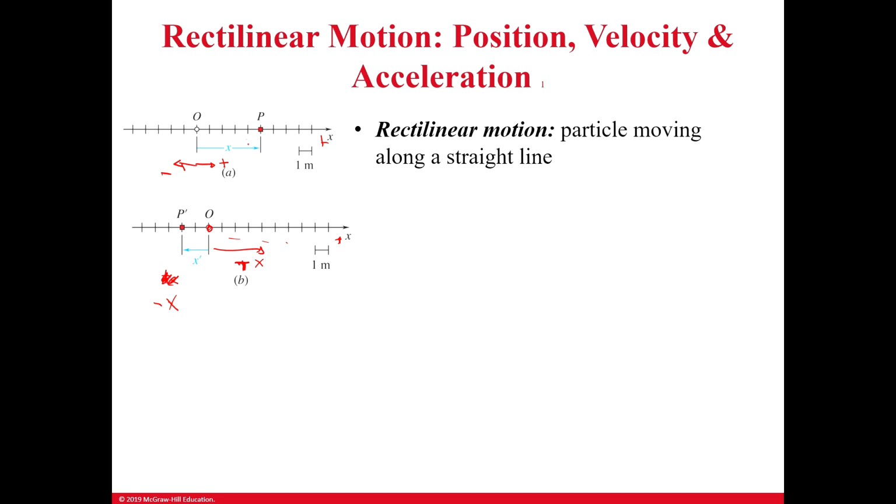Same with velocity. A velocity that's moving to the right hand side of this system will be a positive velocity. And a velocity that is moving to the left hand side is a negative velocity. Okay. Acceleration is the same way, except that acceleration is a force.